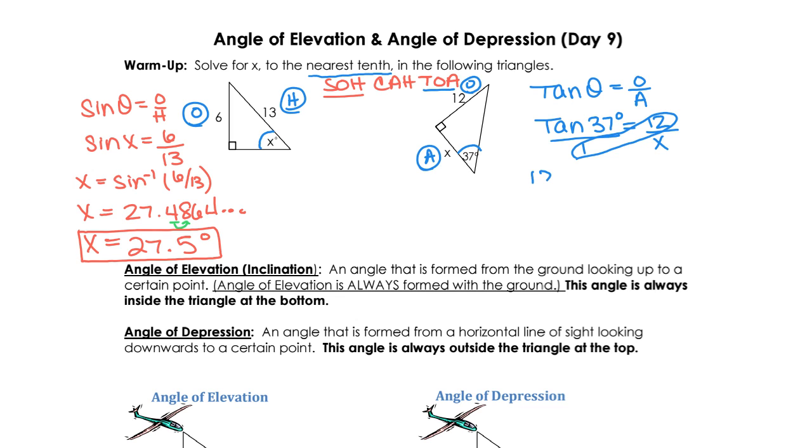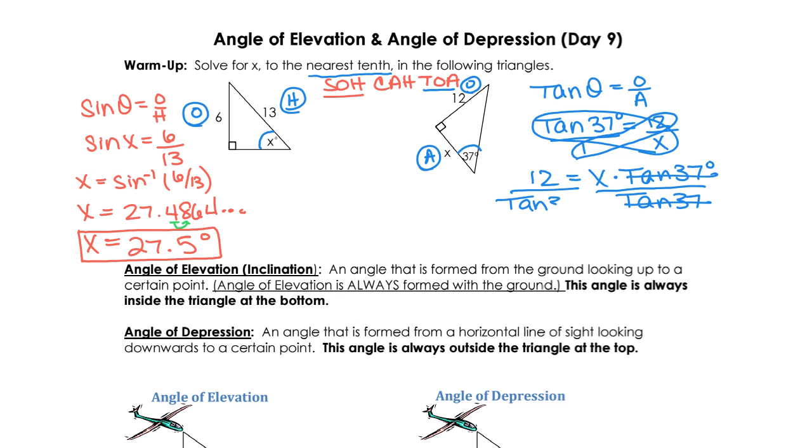1 times 12 is 12, equal to x times the tangent of 37. In order to get x by itself, we're going to have to divide by the tangent of 37. So we end up with x equals 12 divided by tangent of 37. Hit enter.